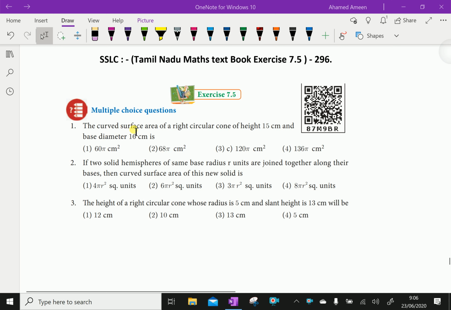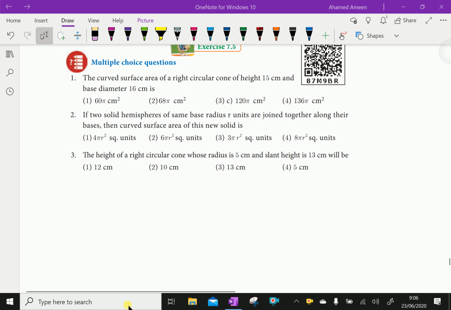A curved surface area of the right circular cone of height 15 centimeter and base diameter 16. Here, question number 1.